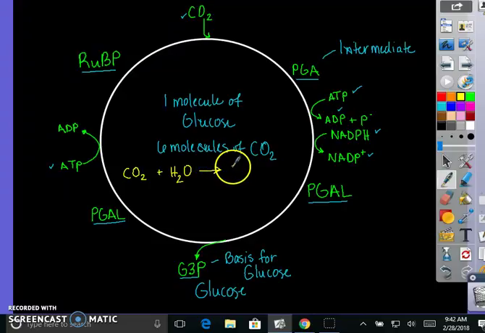And then from these things, we're going to make C6H12O6. And of course, we're going to give off oxygen. That's a byproduct. And with any chemical reaction, I do need to balance them. So we need 6 carbons here, and I need 12 hydrogens, and I need 6 oxygens to observe the law of conservation of mass.